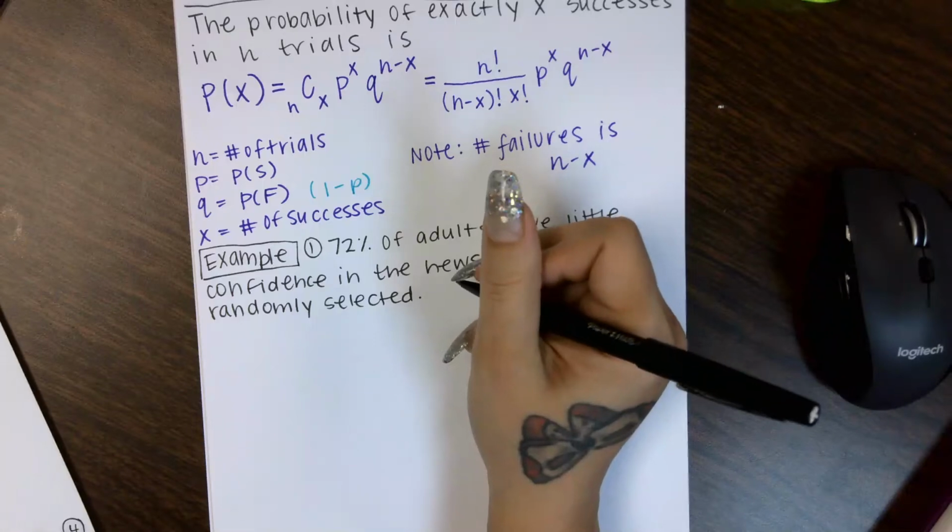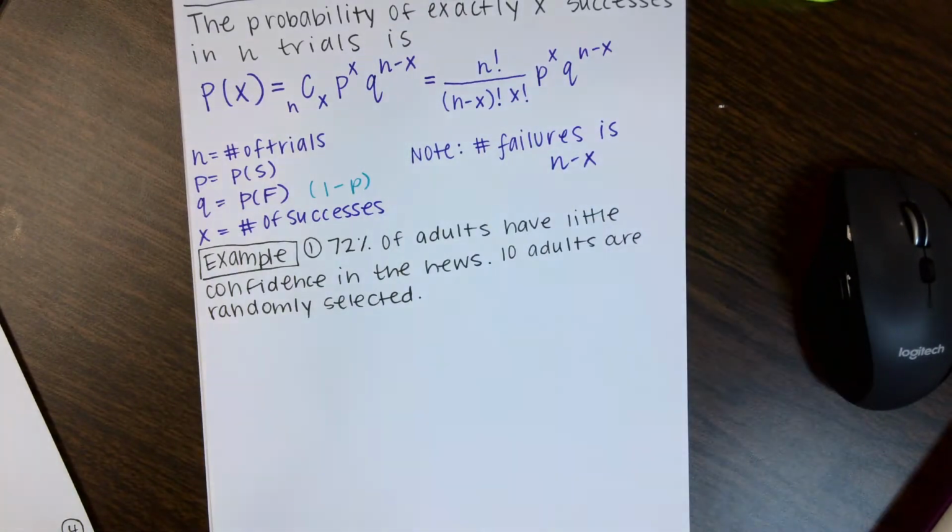Find the probability, right? Previously, remember, it just kind of gave us information and it was like, identify n and p and q and x. Here it's actually find the probability. That's why we use this formula, because it literally said find the probability, okay?